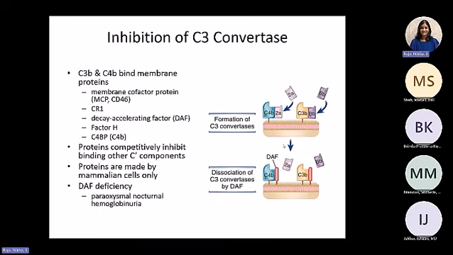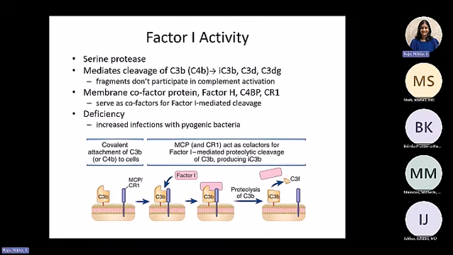C3 convertase, here we are talking about all of these: factor H, C4BP, decay accelerating factor, CR1, MCP. All of these are targeting this step, formation of C3 convertase. And defect in decay accelerating factor leads to paroxysmal nocturnal hemoglobinuria. Factor I is a serine protease.